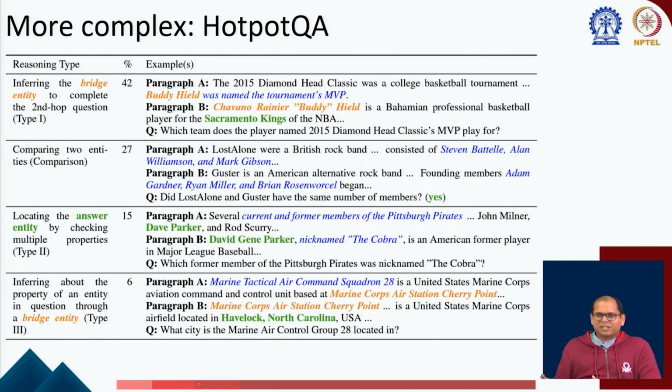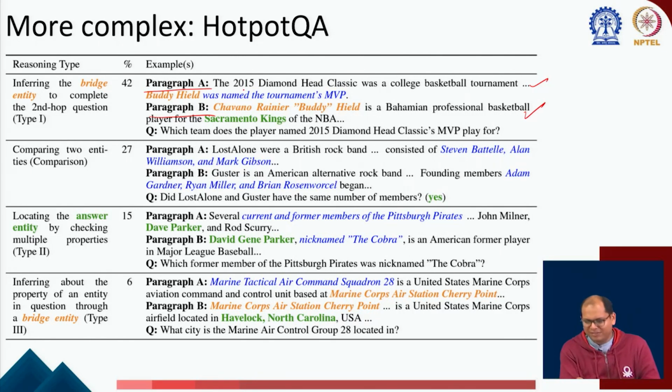What kind of reasoning do you mean? It means it reads 2 or 3 sentences and tries to reason from that. So what they ensured is that whenever you create a question, it should make use of information from multiple paragraphs. Here they select 2 paragraphs, paragraph A and B, and you have to frame a question that uses information from both of these. Only if a model reads both the paragraphs can it answer the question.